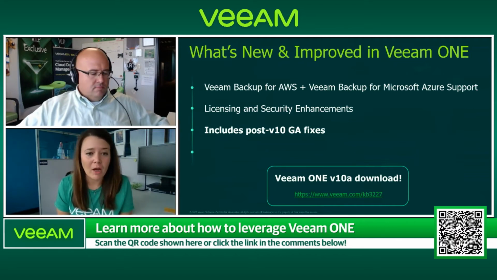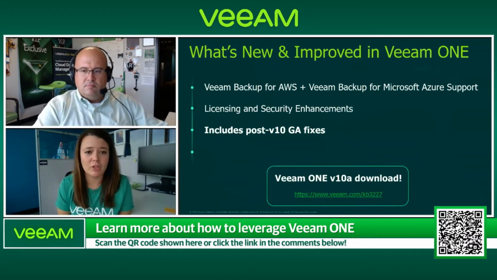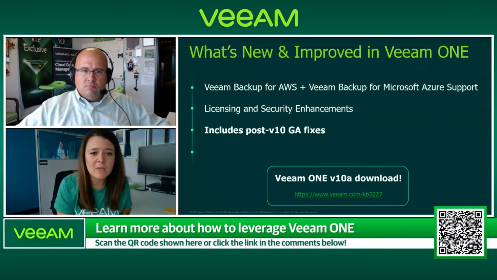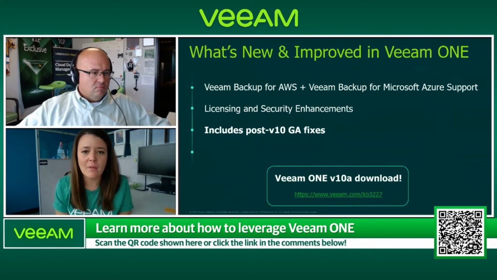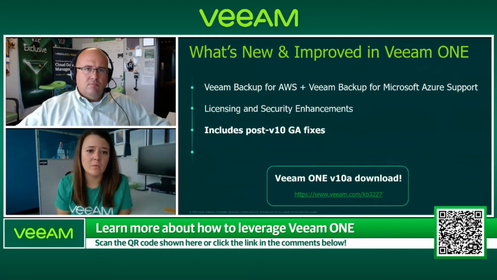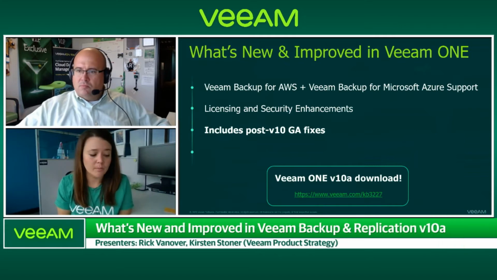So we added a report in there that you can set up and see how your cloud-based backup jobs are performing. There's also some licensing and security enhancements that were introduced with 10A, along with post V10 fixes as well, just making the product better and work better for you as we continue to introduce updates to Veeam ONE.